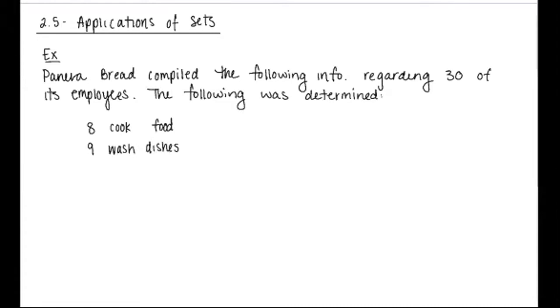There are 18 people that can operate the cash register. And this talks about everyone. So there's definitely overlap. Some people can do multiple jobs. So there are 4 people that can cook and wash dishes.